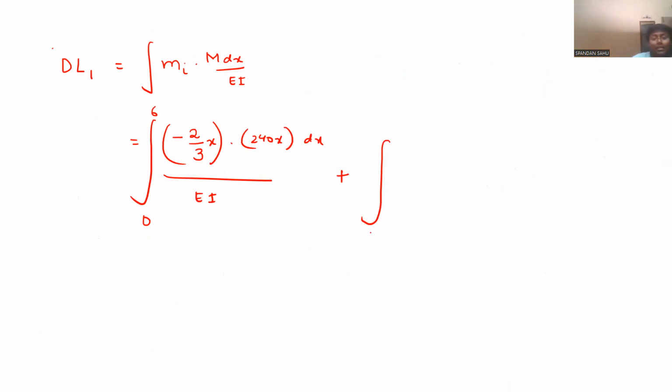5 parts. Again, m2 will be minus 2/3 into x plus 6, into capital M2 is 1440 into 1 into dx by EI, 0 to 6.